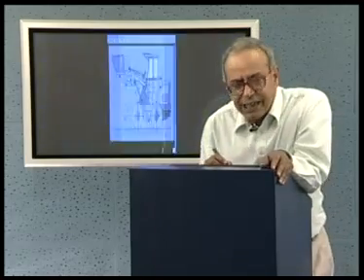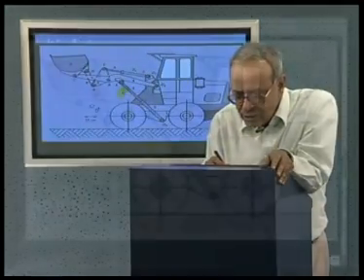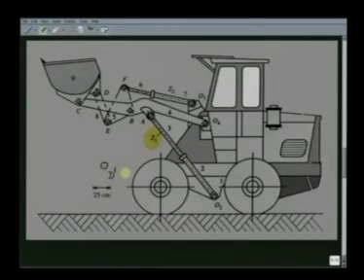Let us now discuss the problem of displacement analysis with reference to this front-end loader, the model of which we have just now seen. As we see, there are 2 hydraulic actuators, one named Z1 and the other named Z2. Link number 1 is the body of the truck, and this hydraulic piston cylinder constitutes link 2 and link 3. There is obviously a prismatic pair between link 2 and 3, which is the piston and the cylinder.